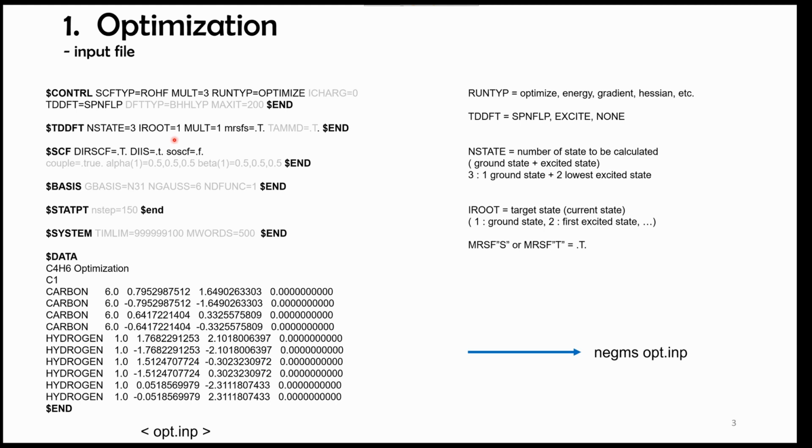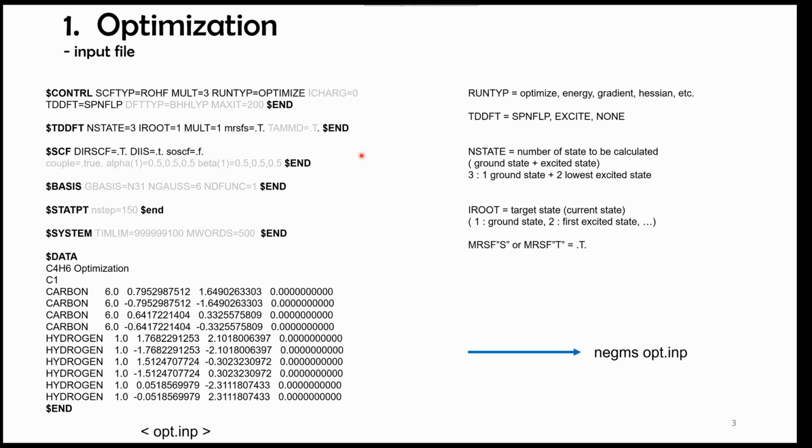No. Exactly. So then you should give MRSF T as true for triplet. The keyword has a T at the end, not S. So then it's a triplet.